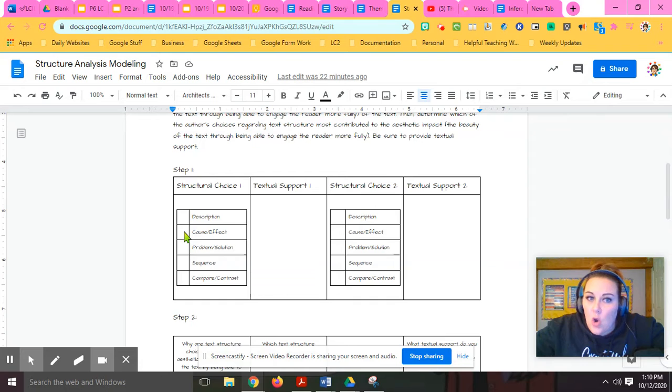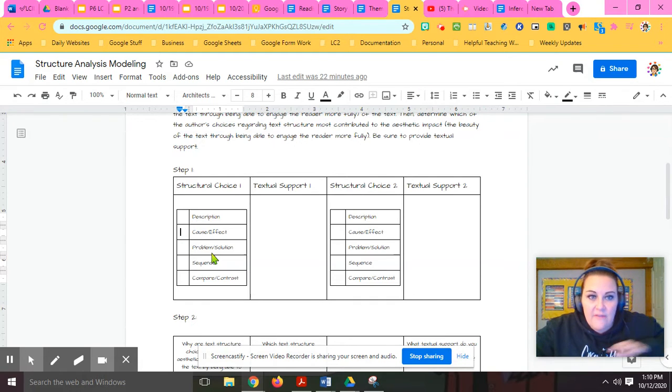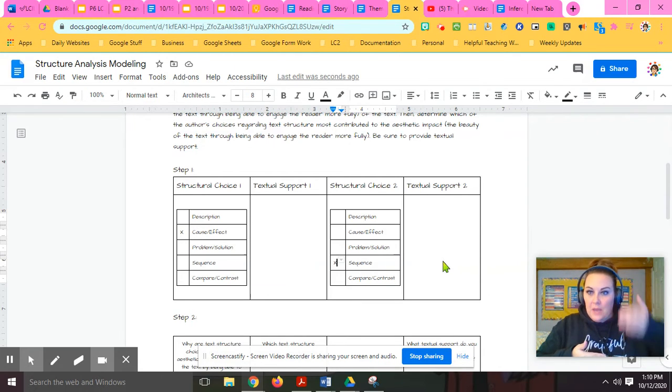I'm going to go with cause and effect for this first one. And then I'm going to go with sequence. So how things happen. Because this story was told in a very chronological order, right? And right off the bat, we knew that was going to happen because we encountered the man waking up with the alarm clock, and then it progressed throughout his workday.